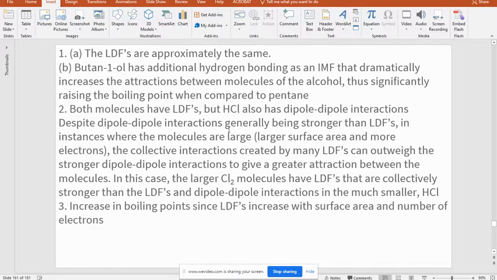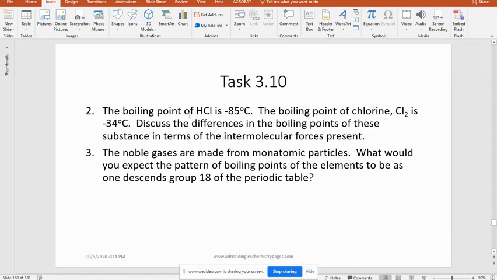And then, because the LDFs are the same, there has to be something else at play. So then we were looking at this one. The boiling point of HCl is minus 85 and chlorine is minus 34. Why is that? Well, if you look at the masses of these, now this one is going to be polar. And so you would think just from the polarity aspect that being polar, it would end up having a higher boiling point than the chlorine.